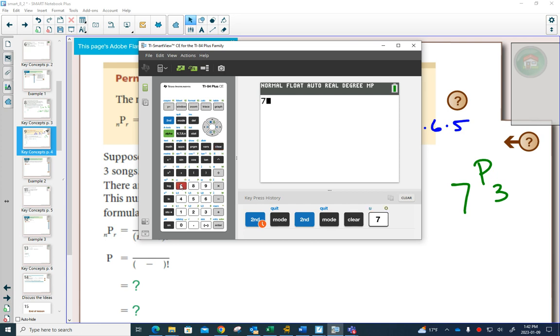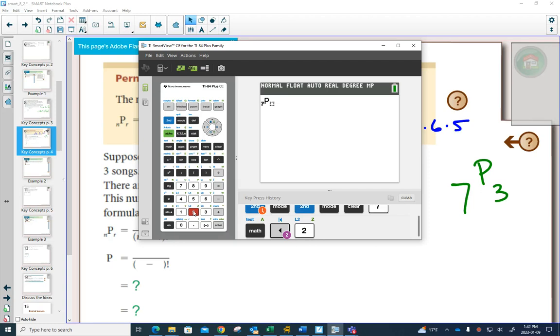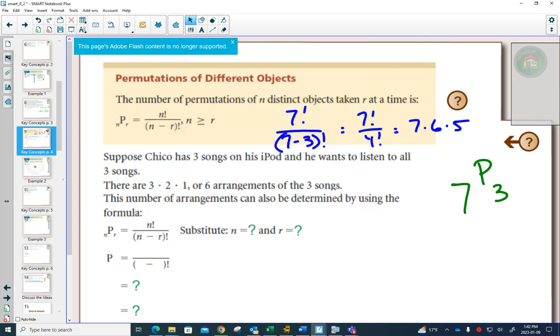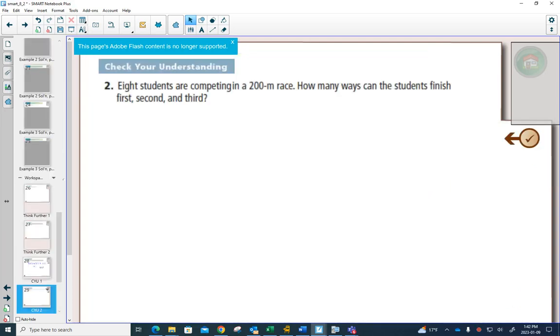Often you have to push the 7 button first, go to math, go over to probability, the second one is nPr, push 2. The 7 automatically gets put in front, then you put the 3 after, and you get 210, just the same as 7 times 6 times 5. But for the most part, we will still use the spaces.